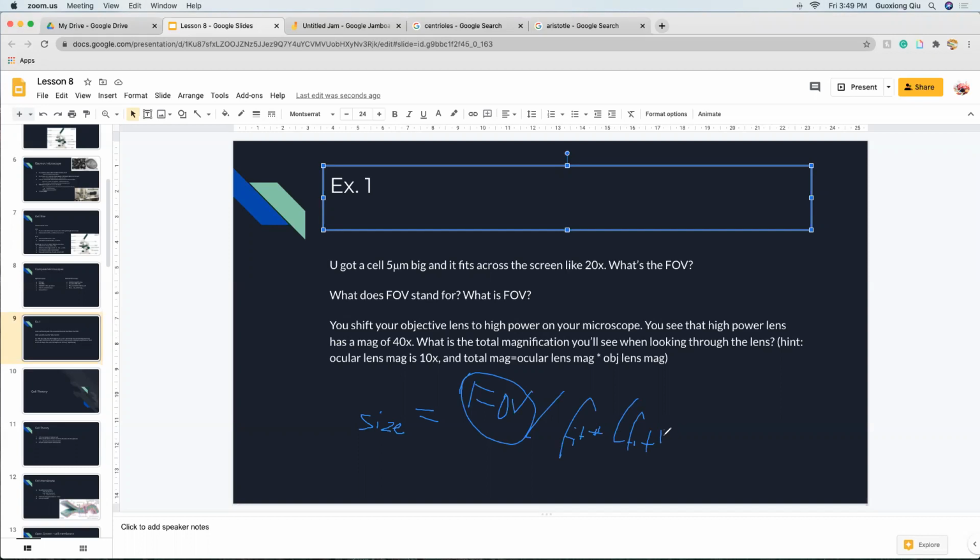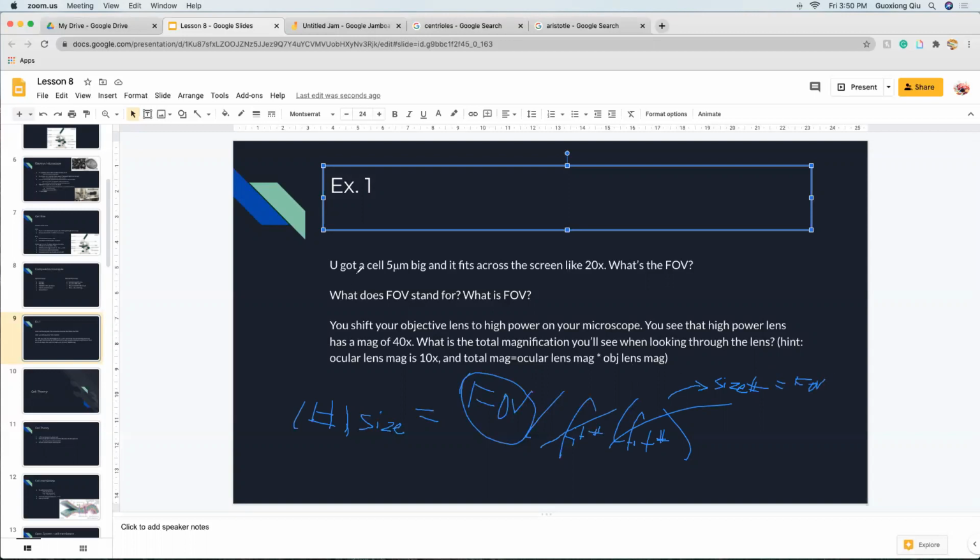Then these two cancel out, resulting in a formula where size multiplied by fit number equals the FOV.